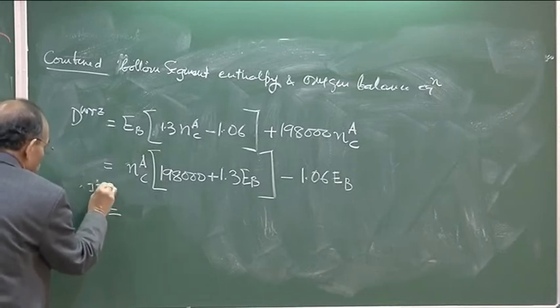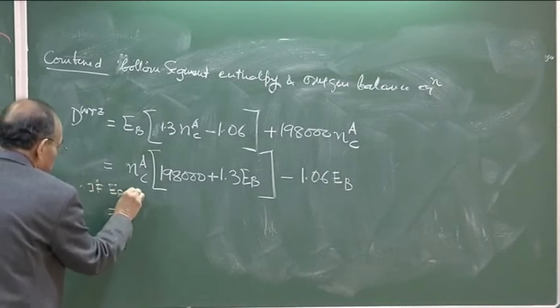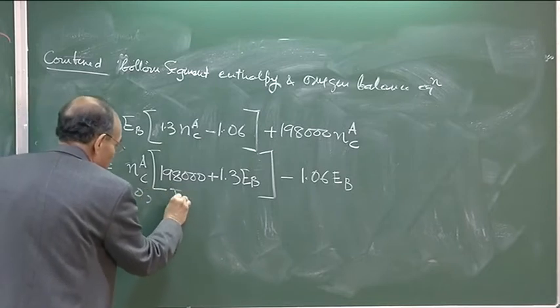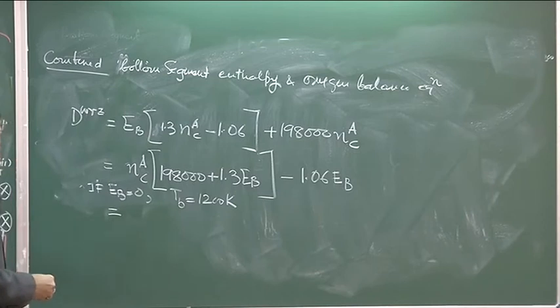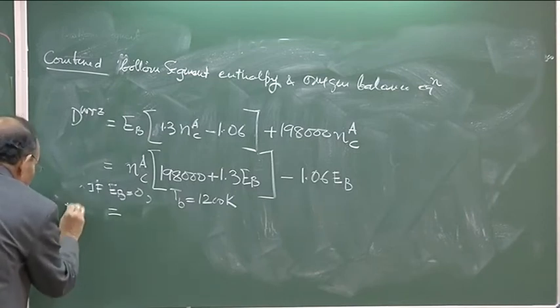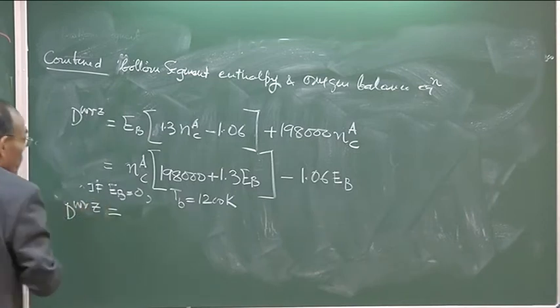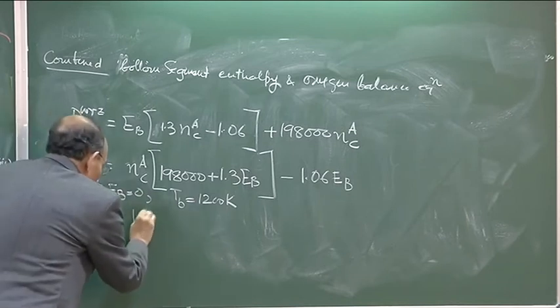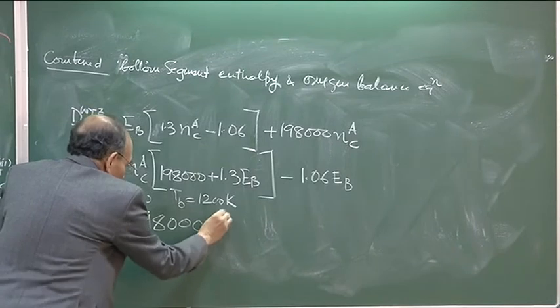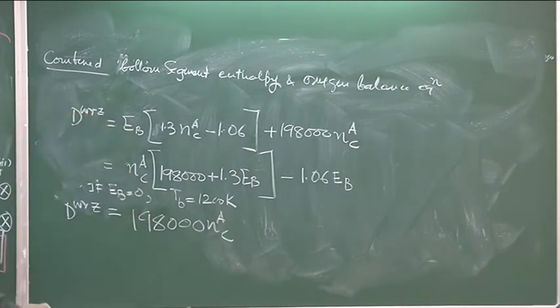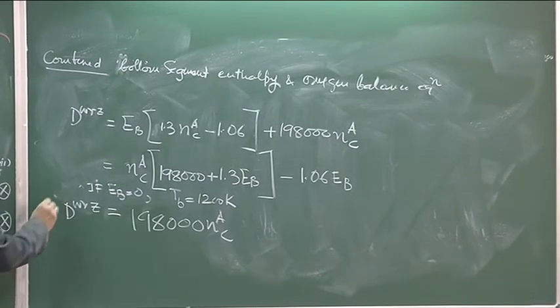If EB is 0, in other words TB is equal to 1200 Kelvin, then we get a very simple explicit equation on the basis of which the coke rate of the furnace can be calculated very conveniently once the demand has been computed.